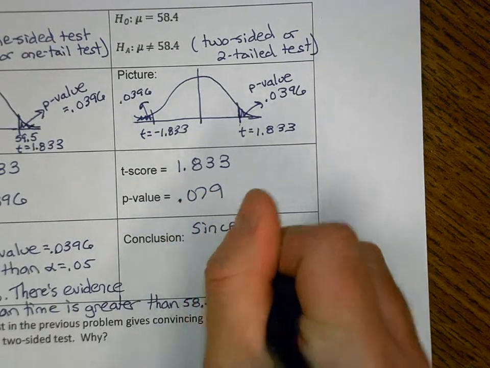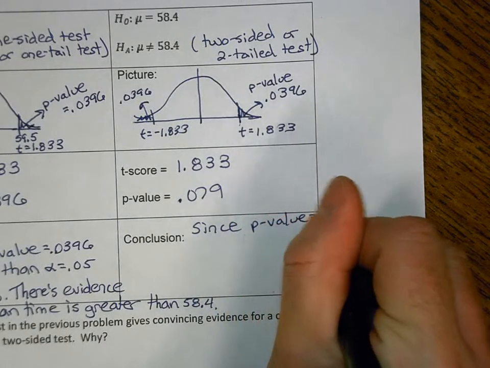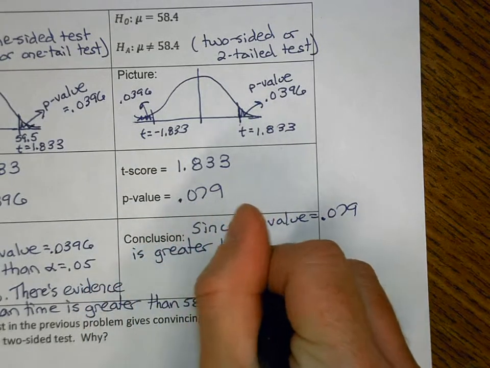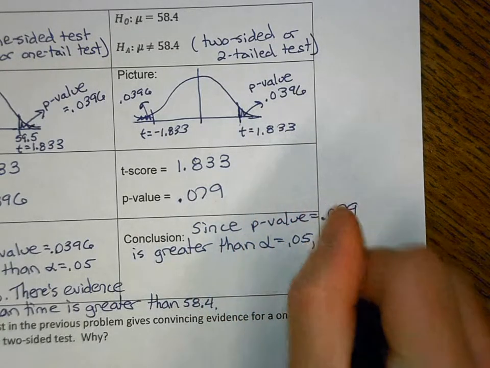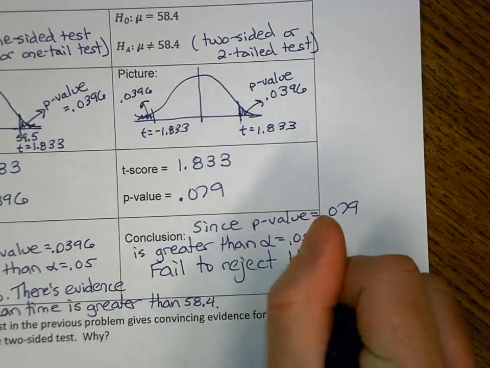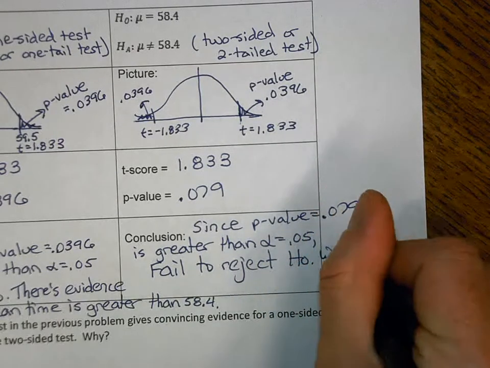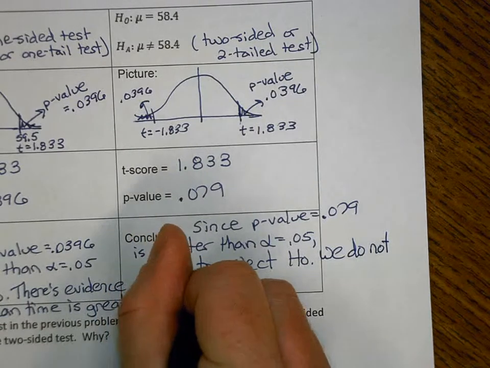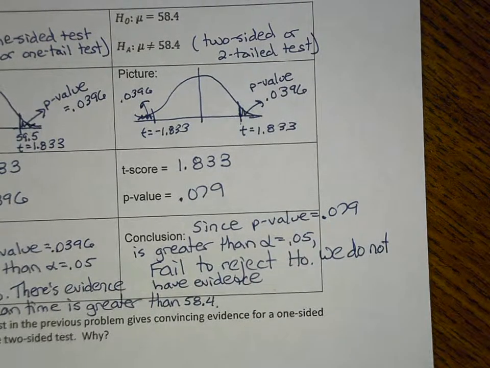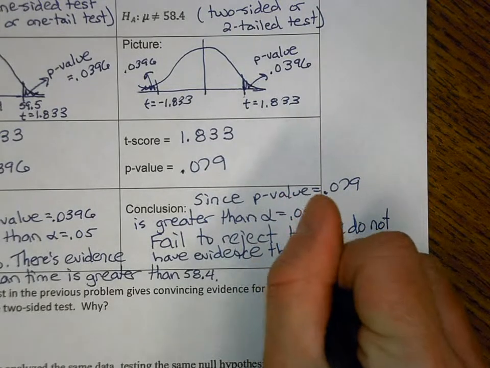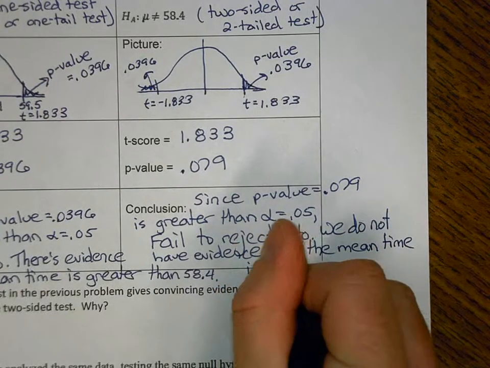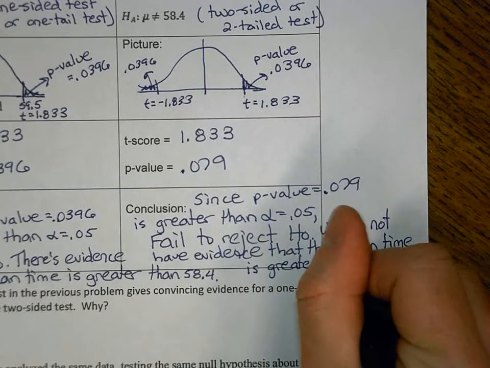So since the p-value equal to 0.079 is greater than alpha equal to 0.05, we fail to reject H0, and you would say we do not have evidence, and then you would restate the HA in context, that the mean time is greater than 58.4.